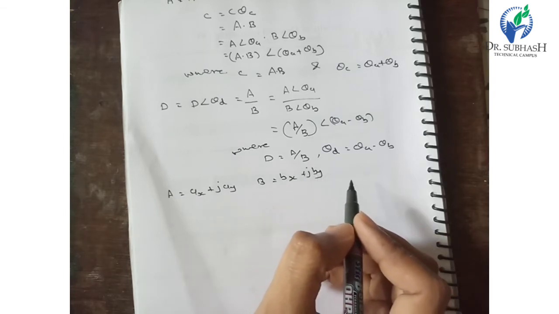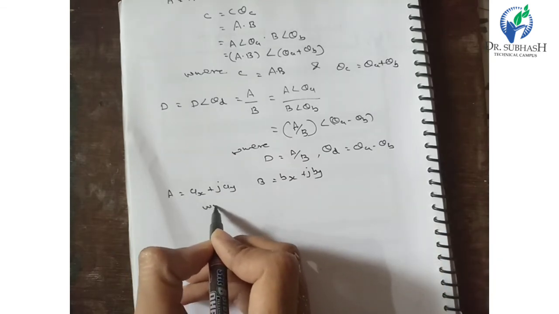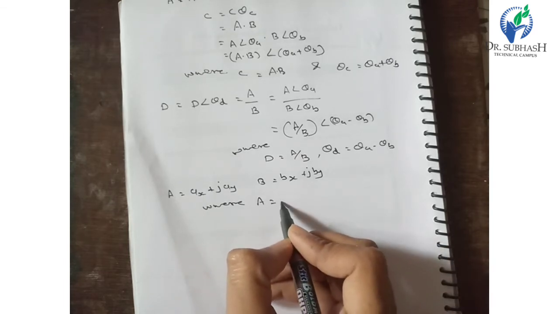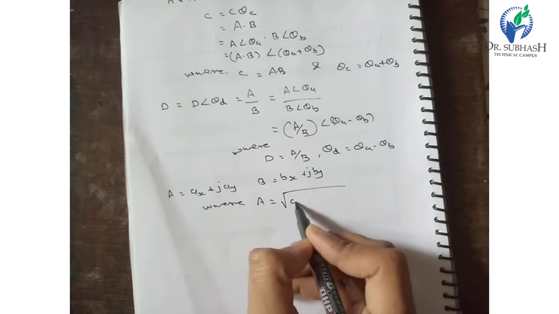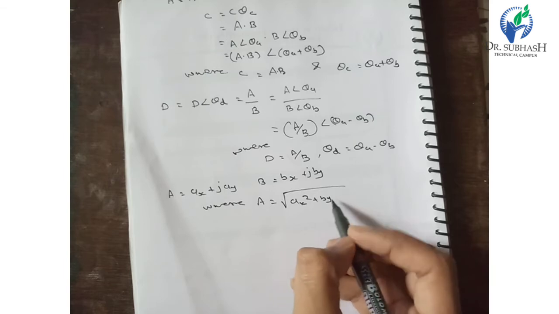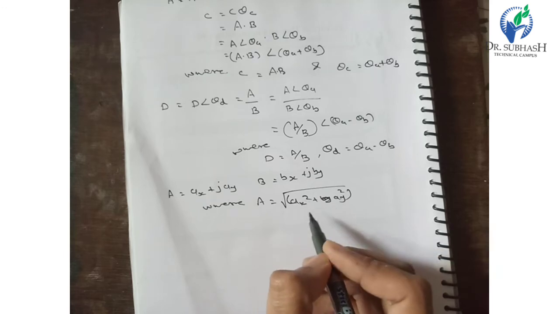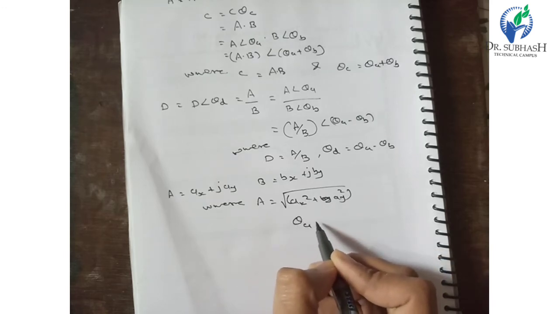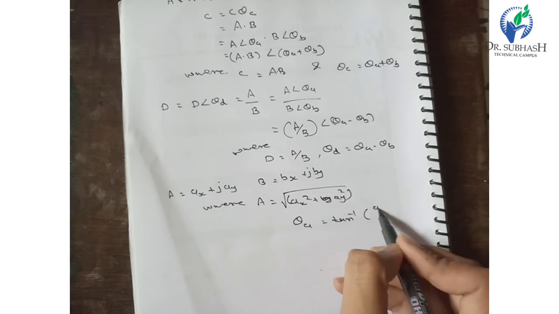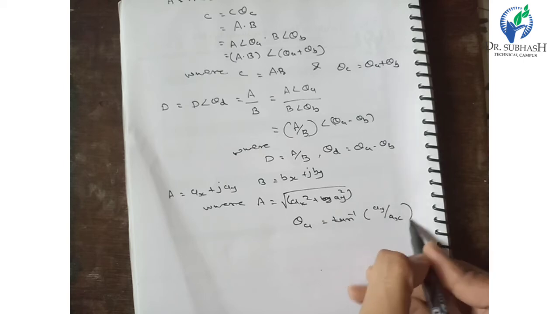For the rectangular form, the magnitude of A is root of AX square plus AY square, and the angle of it is equal to tan inverse AY upon AX.